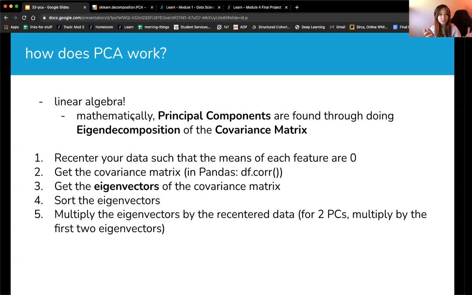These eigenvectors are sorted, and once they're sorted, all you have to do is multiply them by your data points, and those are your principal components. The hard part is getting the eigenvectors, but after that, you're really just multiplying that by your recentered data. The good news is this entire process is done for you with scikit-learn. I'm going to show you all the code, but any questions about this?